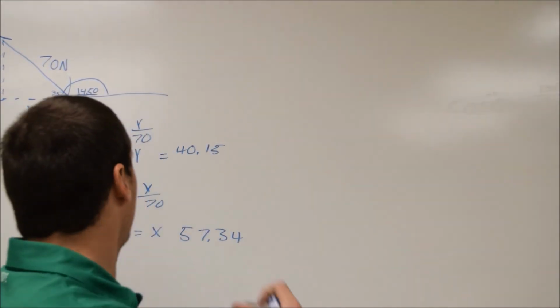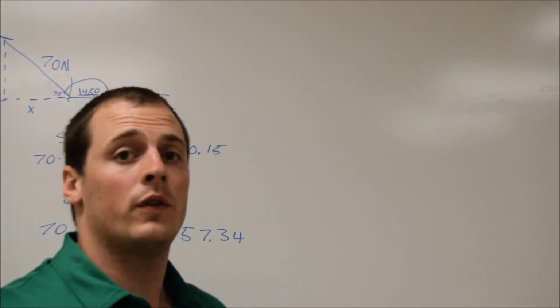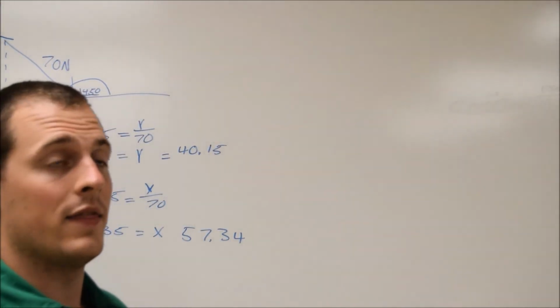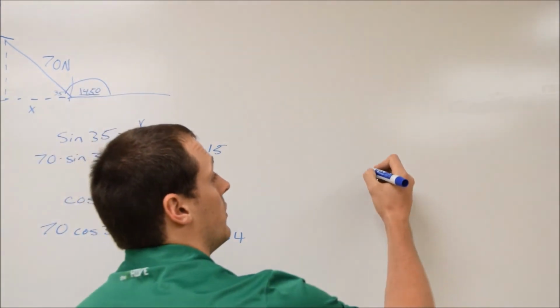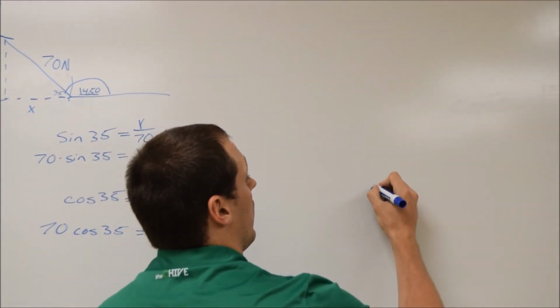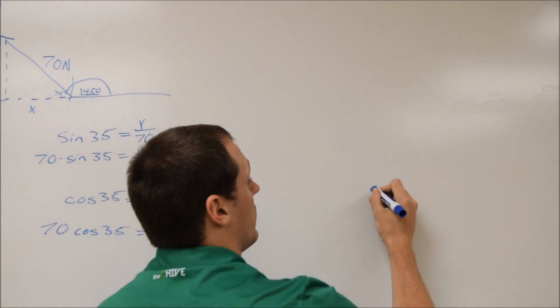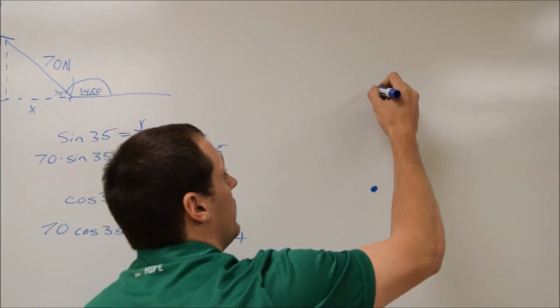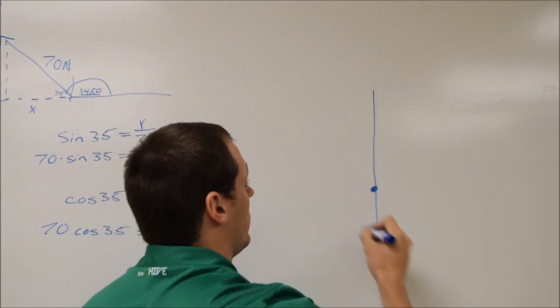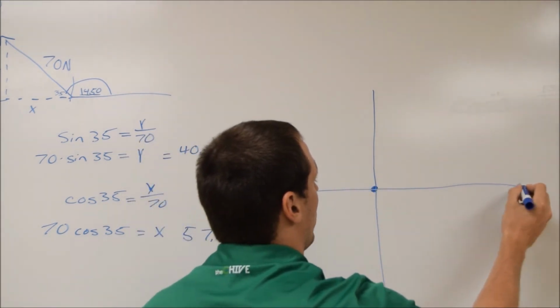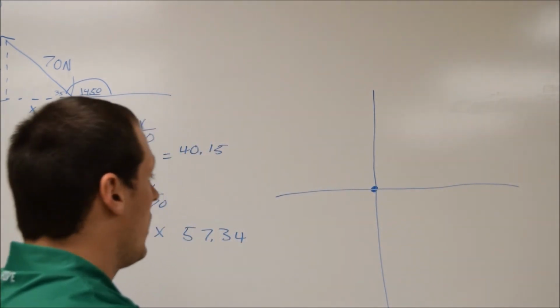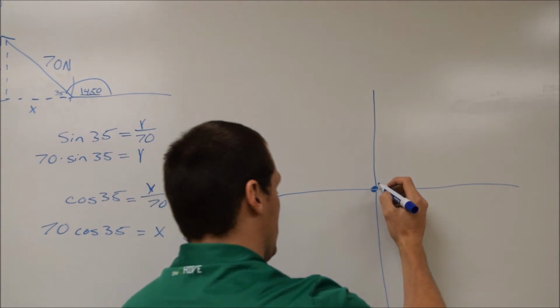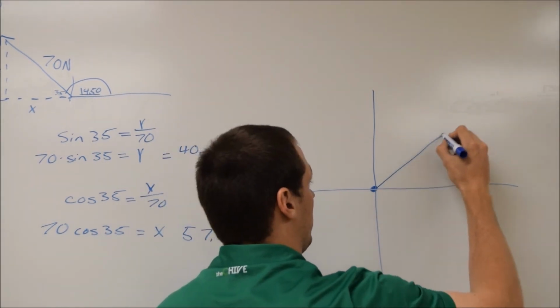So now that we've got the two vectors solved, we can do our tip to tail method and then figure out the resultant vector. Our initial spot is right here. This is where we're starting from, in the center of our coordinate system. Our first vector, vector A, looks something like this.